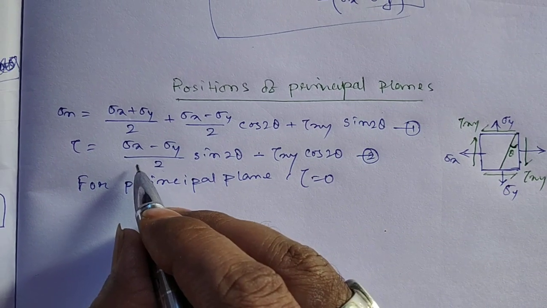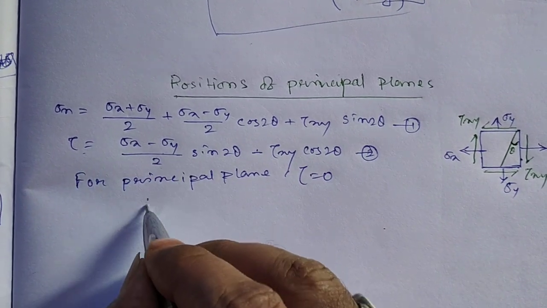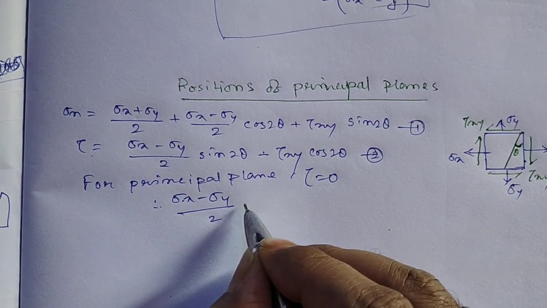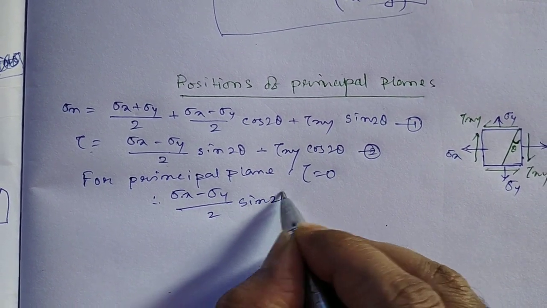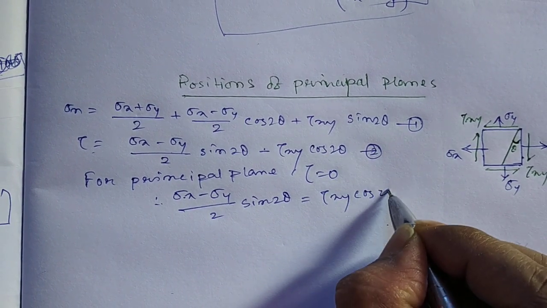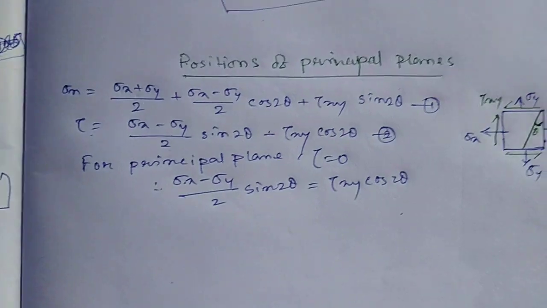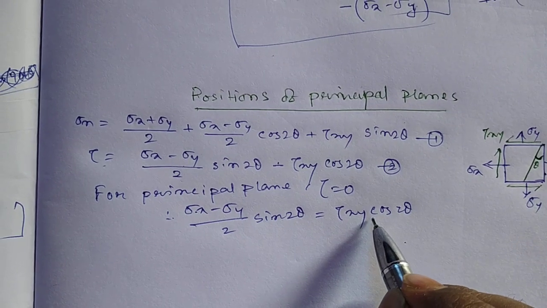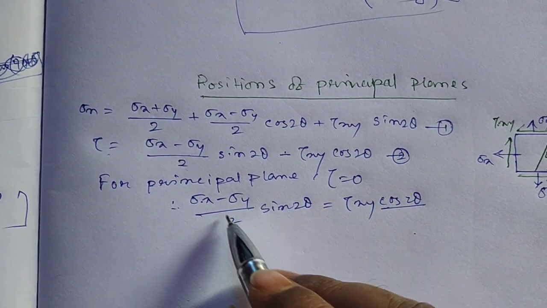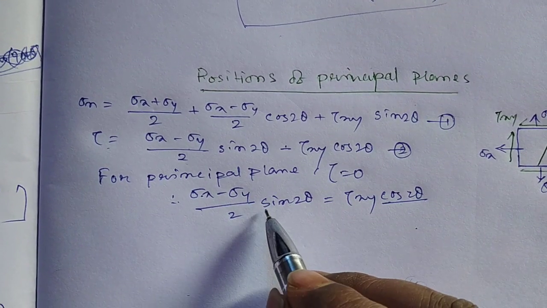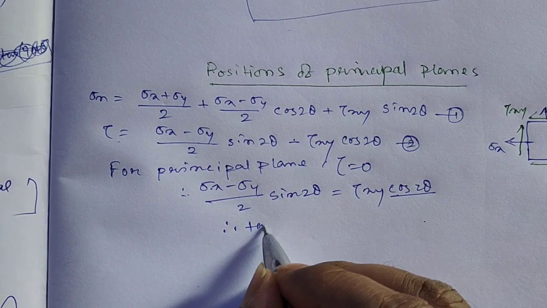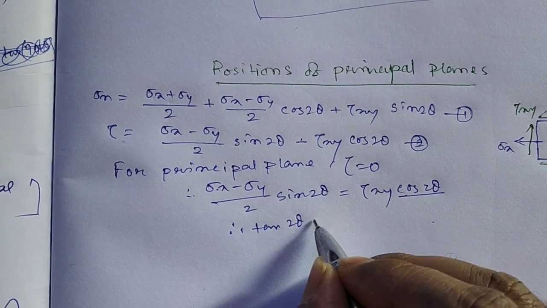So if tau is equal to 0, we can say (sigma x minus sigma y)/2 sine 2 theta is equal to tau xy cos 2 theta, right? Now if you move this part to the left hand side and this part to the right hand side, you will be getting sine 2 theta divided by cos 2 theta, that is tan 2 theta.